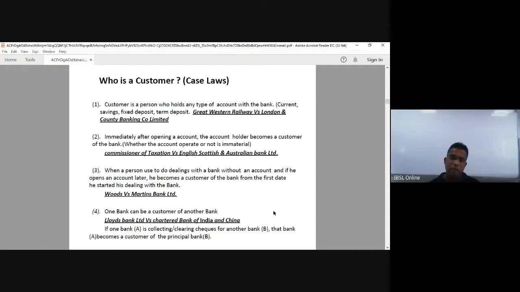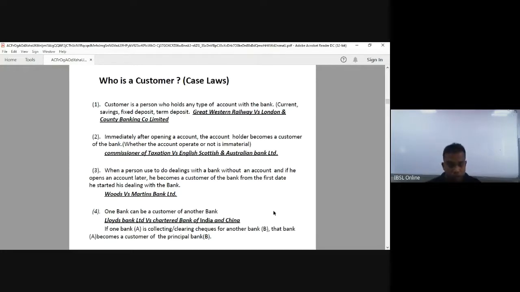Then we will remit your loan proceeds to that account. So I decide to open the account after 6 months of the first dealing. I come and open an account. Say I handed over the application in January 2021 and I opened the account in June 2021.